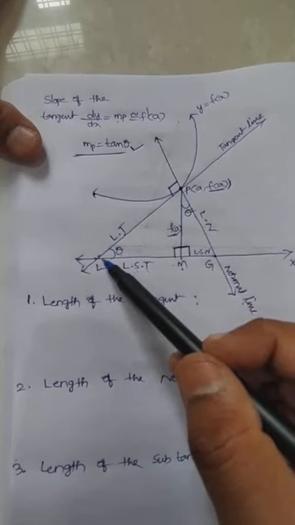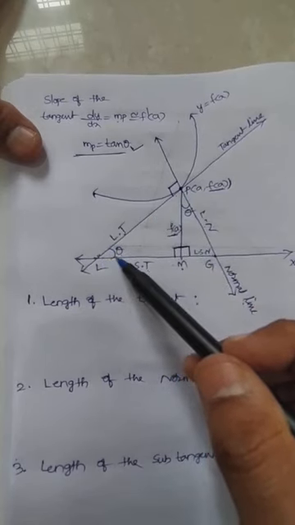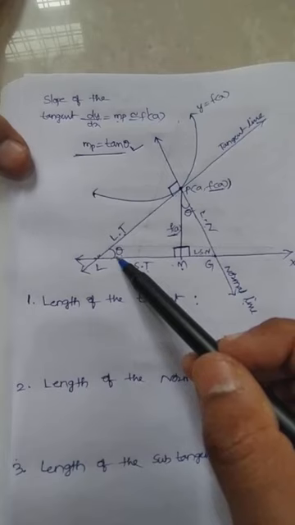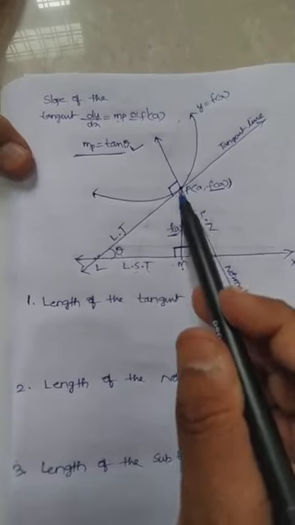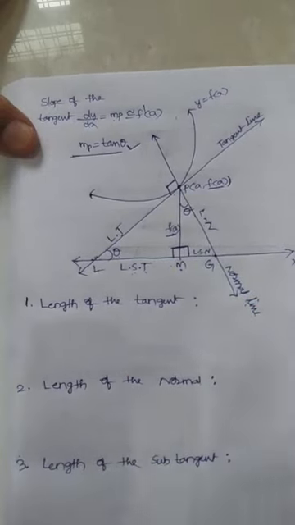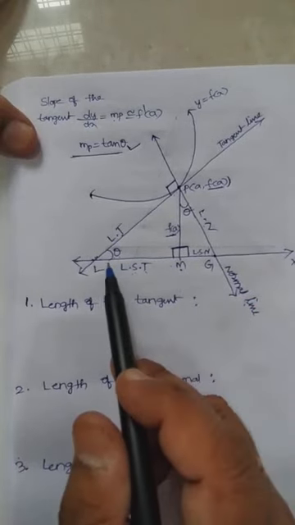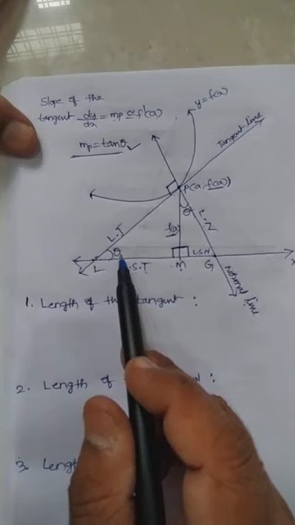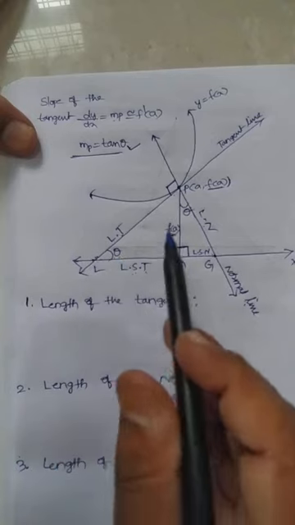For that I am finding the cosecant theta value from this right angle triangle PLM.